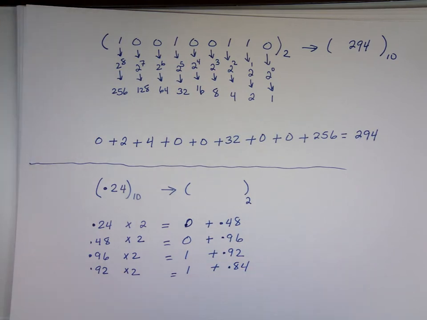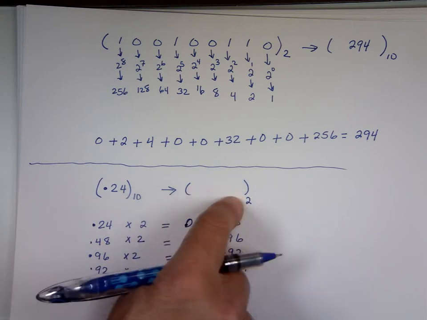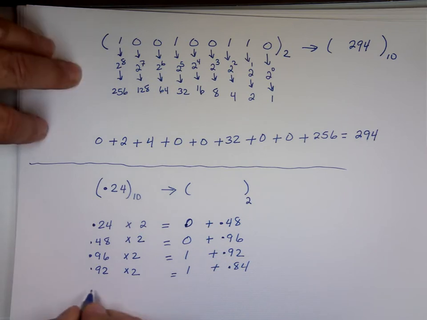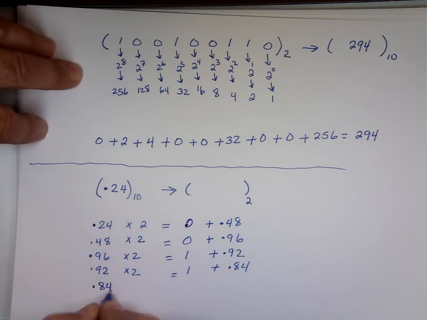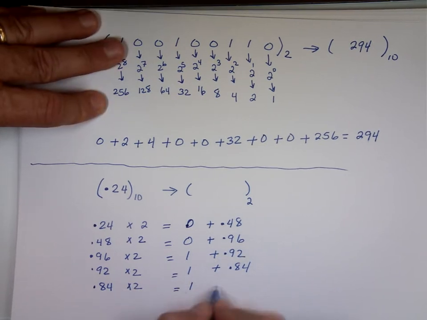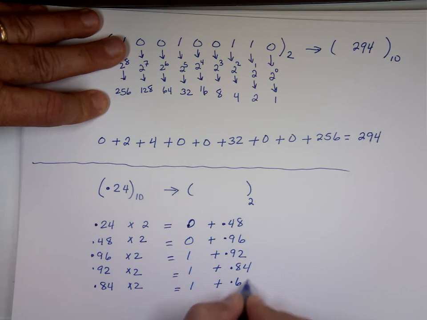We have to go to that right column and 0? Yes, because that gives you the digits here now. You take the 0.84, multiply it by 2, 1.68. So 1 plus 0.68.